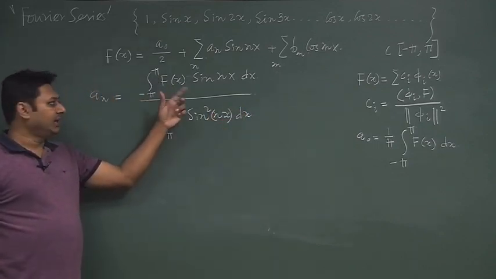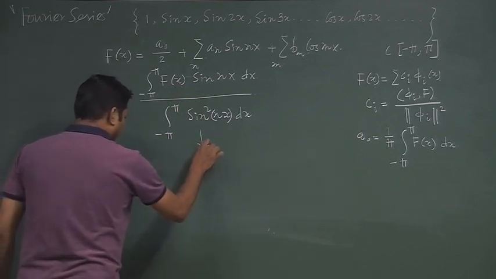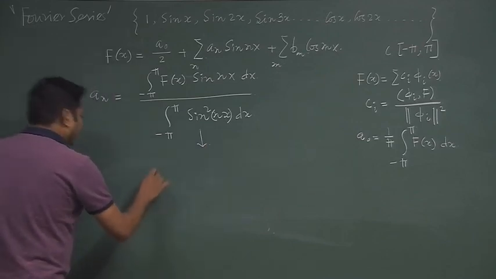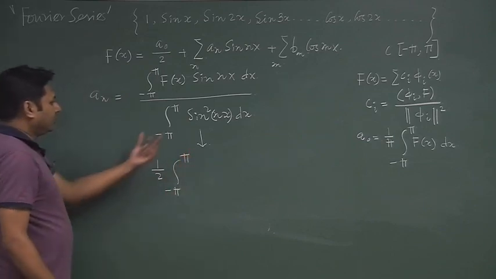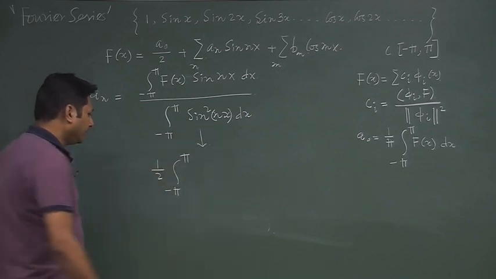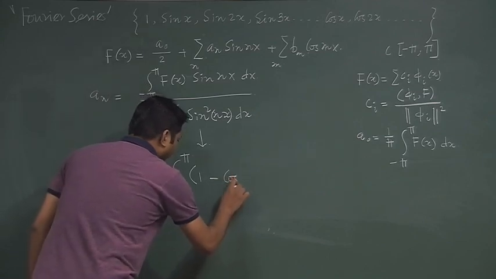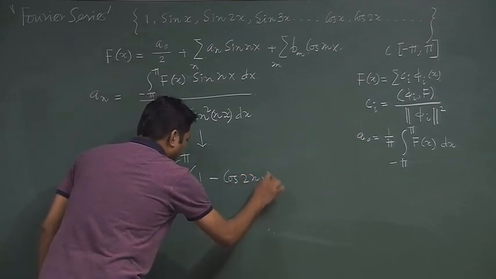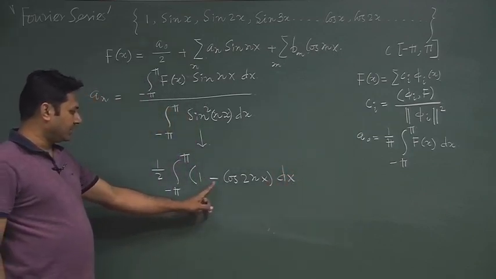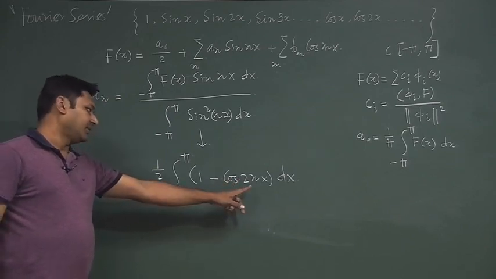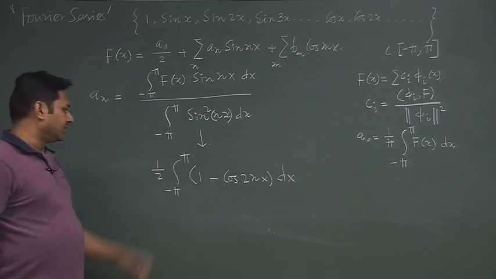If the function is given, I can calculate the numerator, but this denominator I can readily calculate. How to calculate that? Only this part. If I take half here from minus pi to pi, then it will be 2 sin square of these things. That means I can write it as 1 minus cos 2nx dx. Because 1 is sin square theta plus cos square theta, minus cos square theta plus sin square theta, it will be 2 sin square theta, because there is a half sitting here.